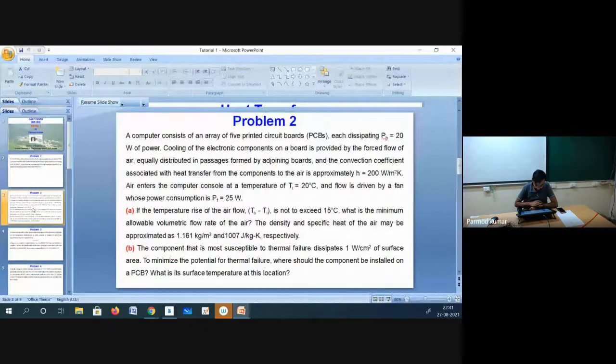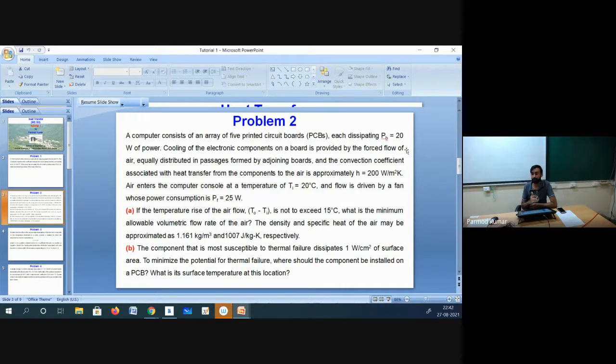Then we have problem number 2. This is a practical problem. Whenever we talk about heat transfer, we say that it has many applications in the cooling of different electronic circuits, and this problem is related to that. We have a computer which consists of an array of 5 printed circuit boards. Each circuit board dissipates 20 watts of power, and cooling of the electronic components on a board is provided by the forced flow of air.